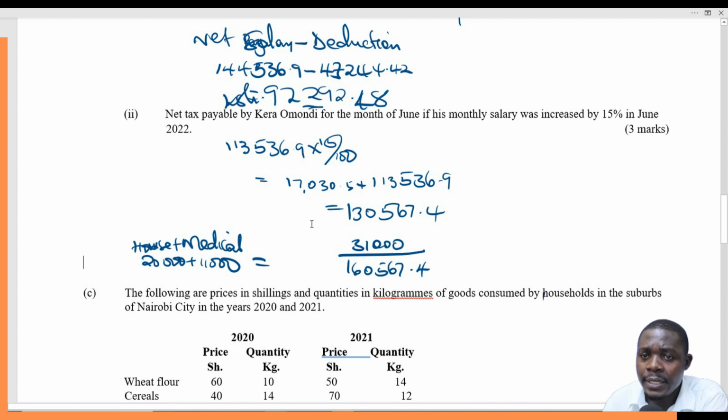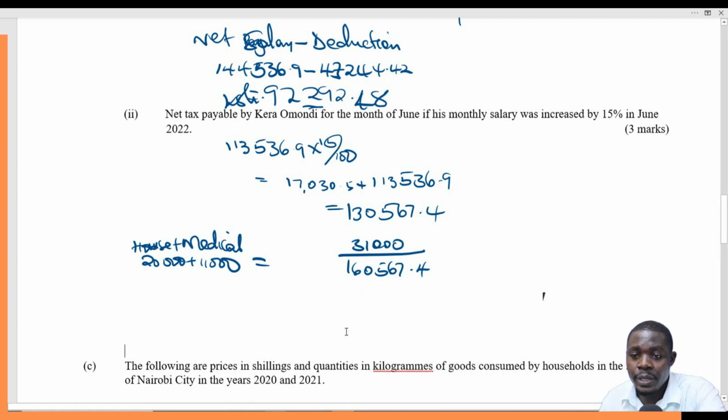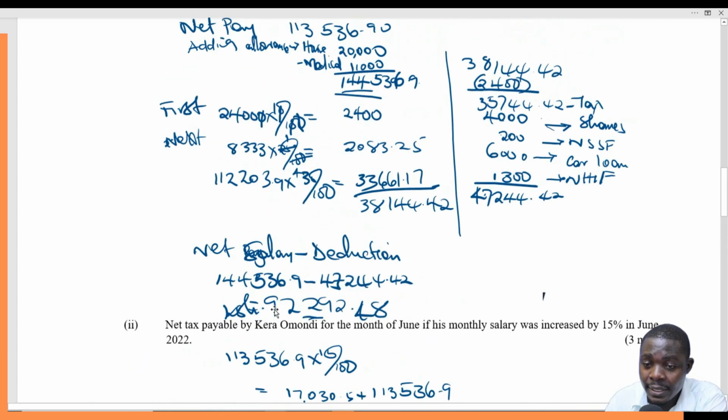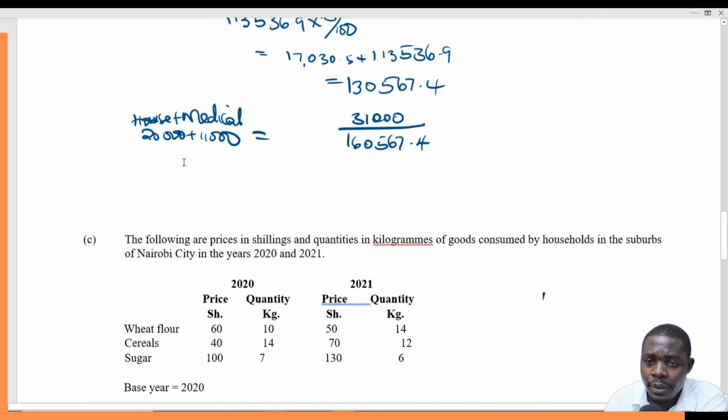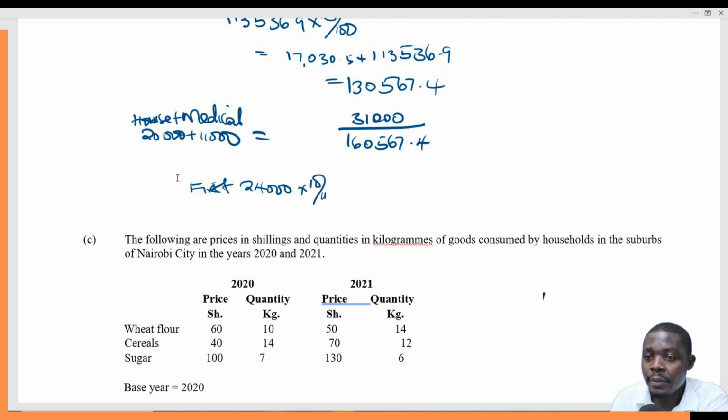The question is asking the net tax payable by Karam Omondi for the month. Now let's try to see how much is going to be paid as tax. That's what you are asked to do. Now we come again, we are told that the first 24,000 we are paying 10% tax, which gets to 2,400.